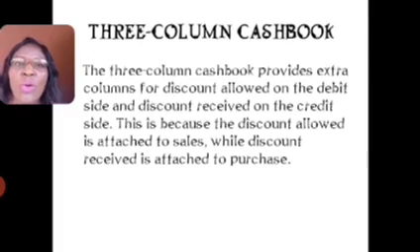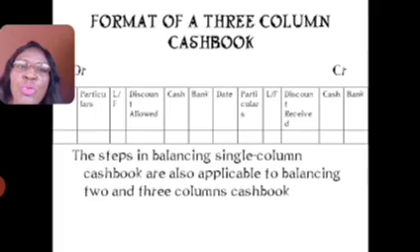Okay, the next one is the three column cash book. The three column cash book provides extra columns for discount allowed on the debit side and discount received on the credit side. This is because the discount allowed is attached to sales, while the discount received is attached to purchases.